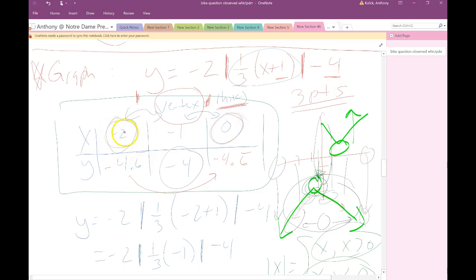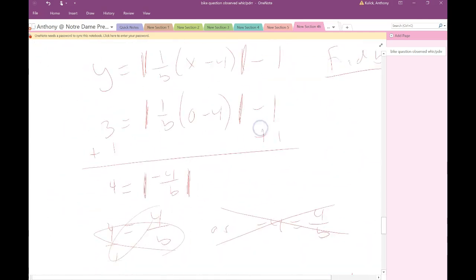And then you can plug them in to find the y-coordinates. Provided that you pick your x values so that they're the same distance from the vertex, right? Like these are both 1 unit from the vertex. If you do that, then the y values will be the same. If you don't do that, the y values will be different, I should say.